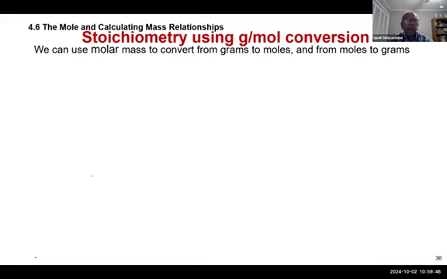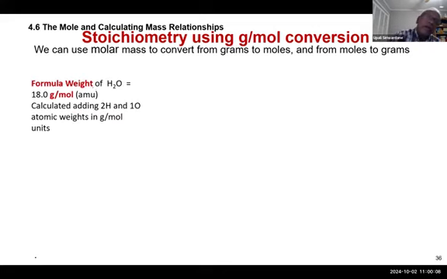To do the stoichiometry, first you have to find the moles of compounds in the chemical equation. We can use molar mass to convert grams to moles. A molar mass is obtained from adding up all the atomic masses in the formula in the periodic table. Molar mass is given as AMU.